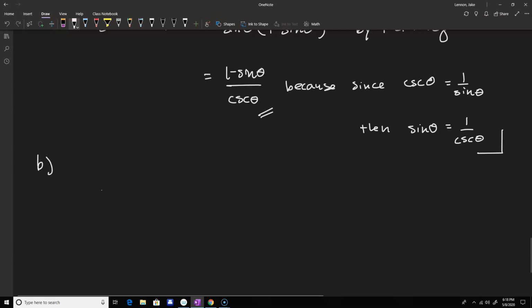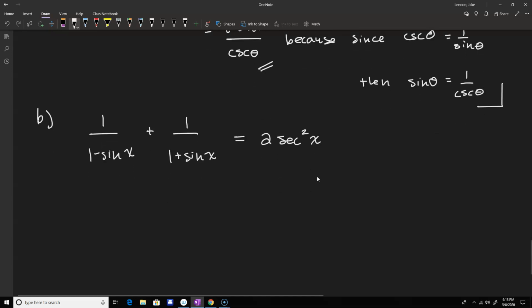So let's move on to another. How about something like 1 over 1 minus the sine of x plus 1 over 1 plus the sine of x, and we're trying to prove that that's in fact equal to 2 times the secant squared of x.